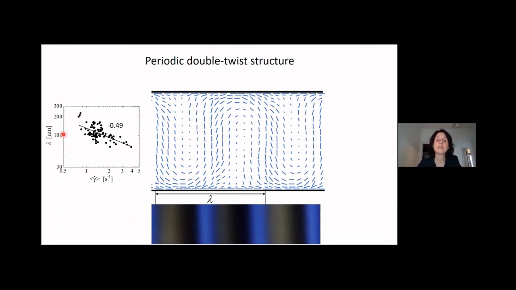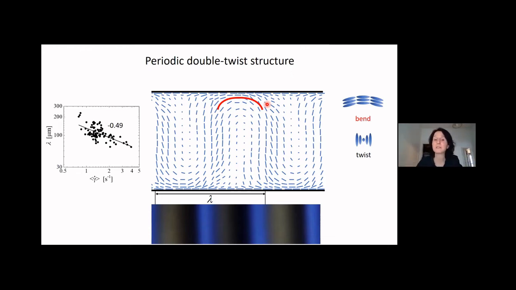Now, this period decreases with the average shear rate with a power law of about -0.5. To understand that, we have to realize that these periodic double twist structures form because of the cheapness of the twist deformation, but they also have a bend type of deformation. And given that the bend deformation mode is more expensive energetically, this is the one that essentially governs the characteristic period of these stripes.